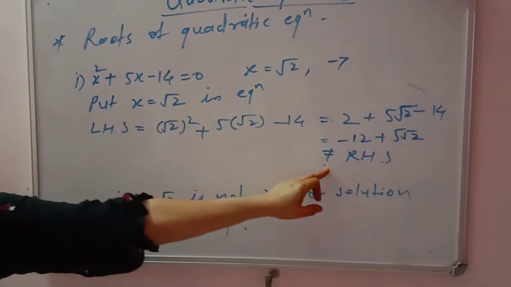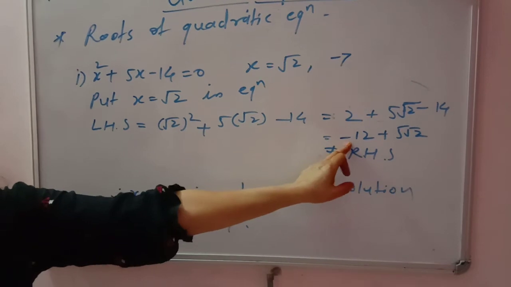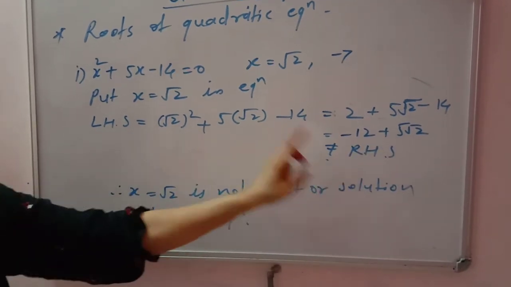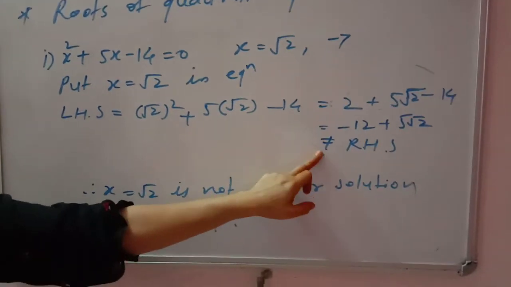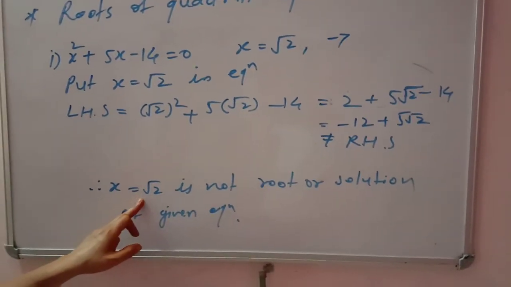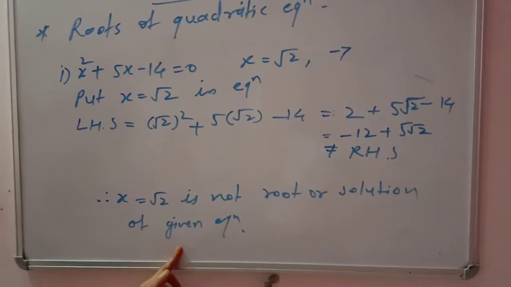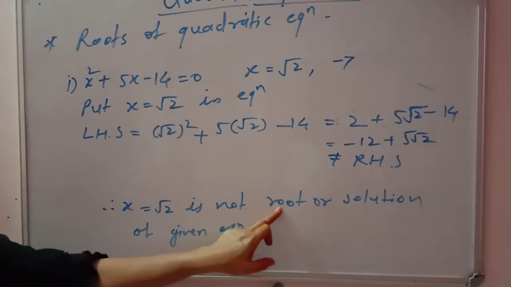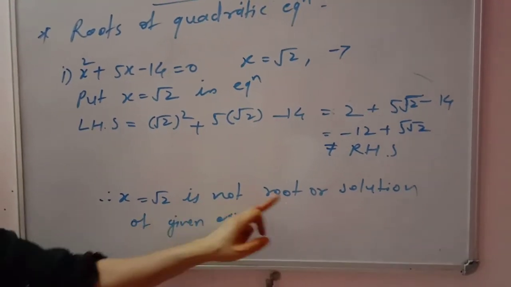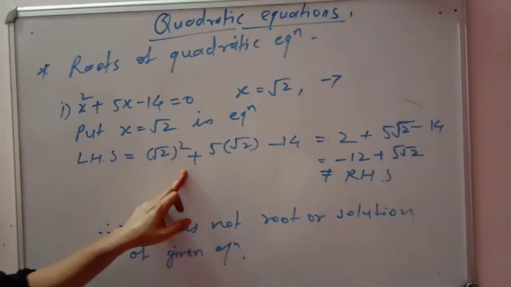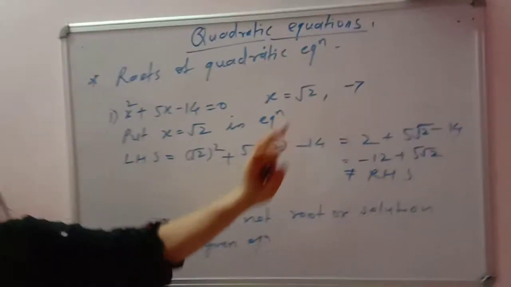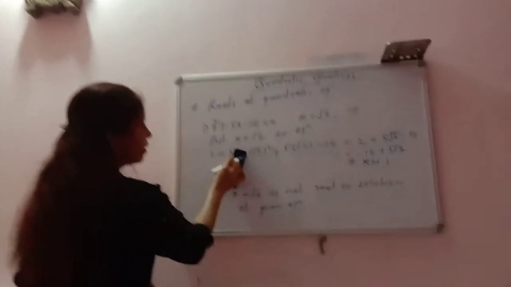Because we get LHS as negative 12 plus 5 root 2 and our RHS is 0. They both are not equal and therefore this value is not a solution of the given equation, or you can say this x equal to root 2 is not a root of the given equation. So in this way you have to check whether given values are roots of the given equation or not. We will check again for negative 7.